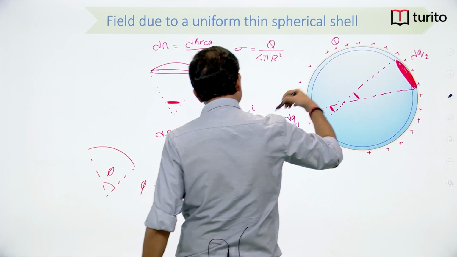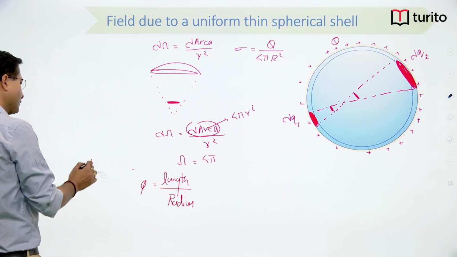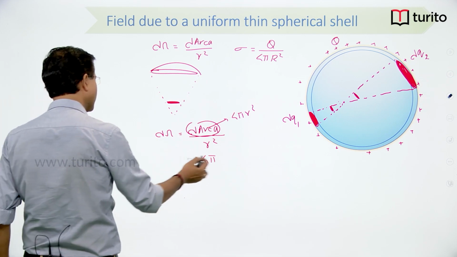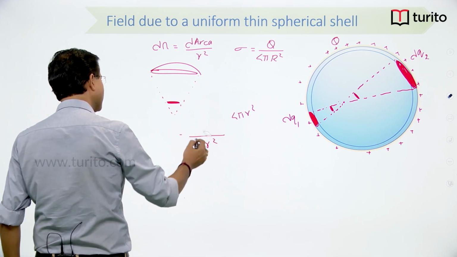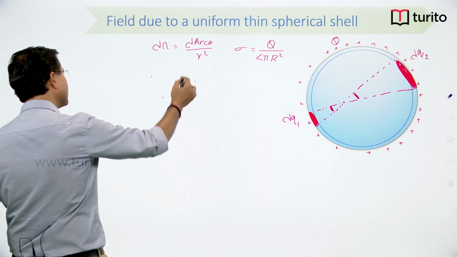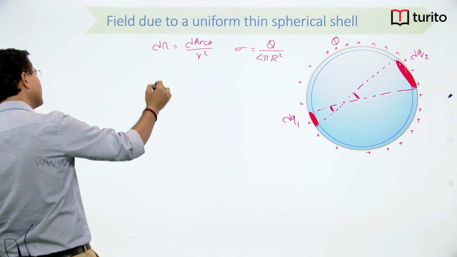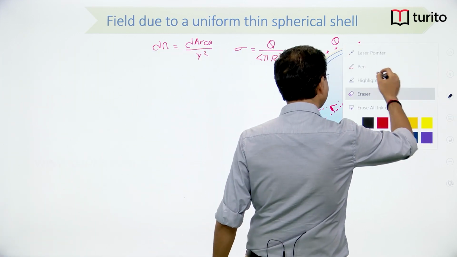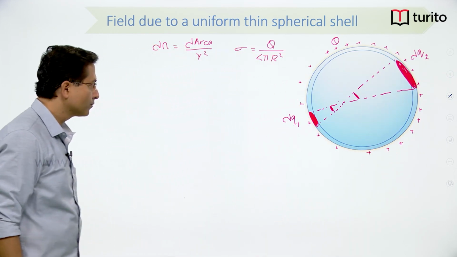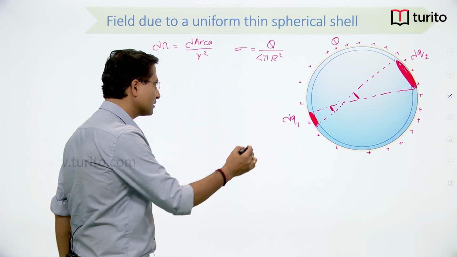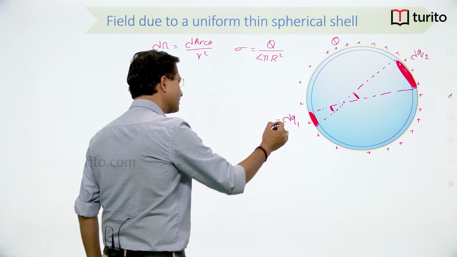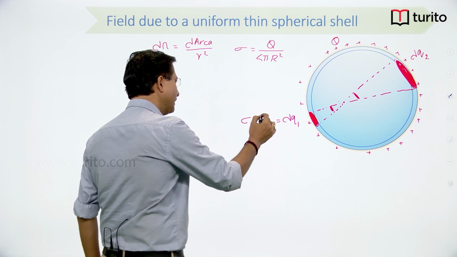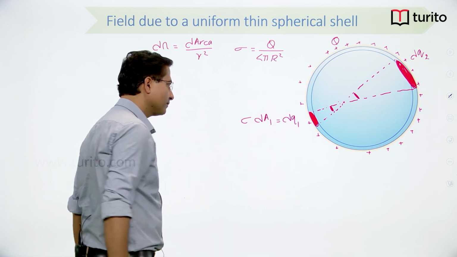Now let us see how to use this. So if I ask what is this charge? This charge is surface charge density into area dA1.